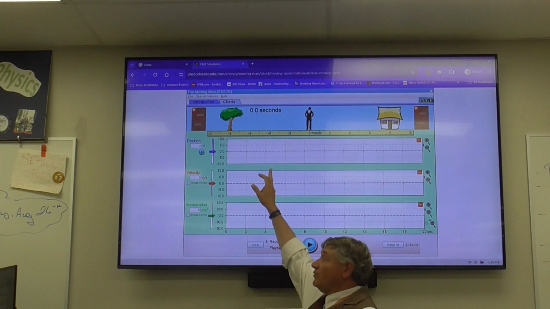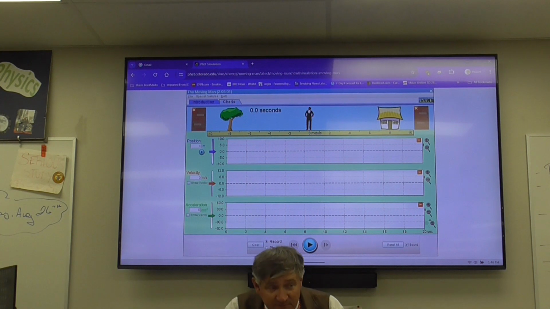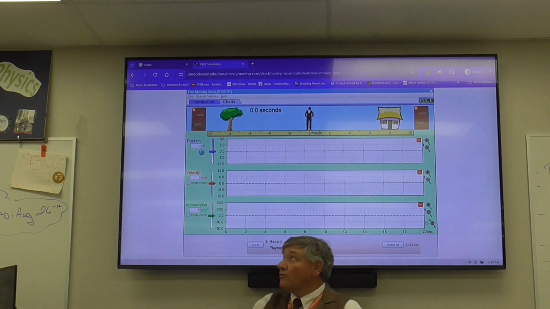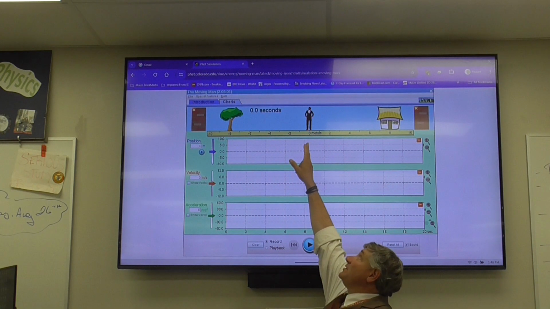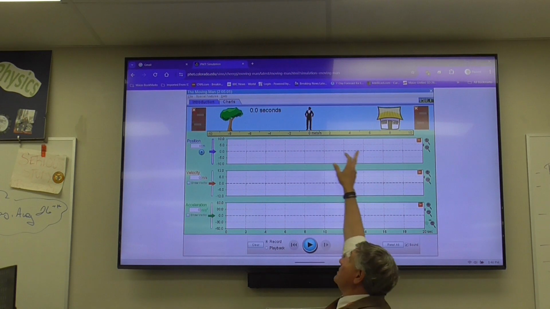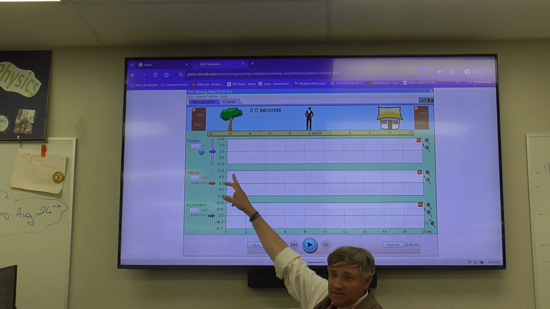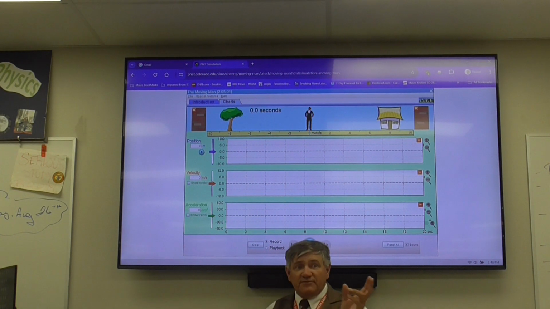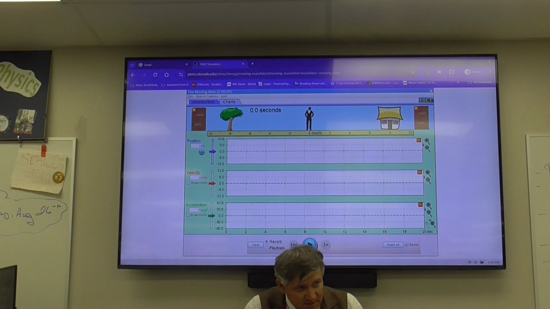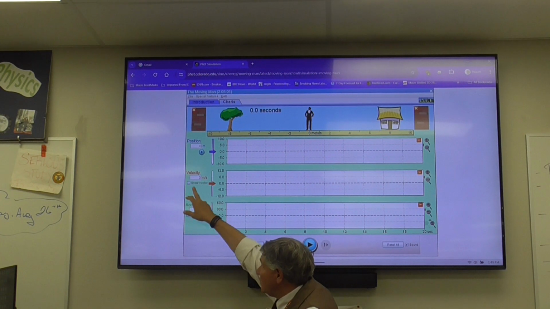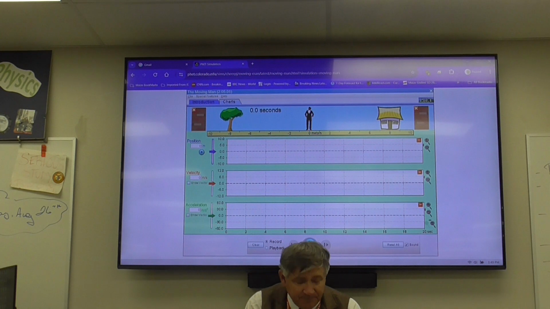Position keeps track of where you are. Notice that it's not distance versus time, it's position versus time. It's where you are relative to the reference point, and they're defining the reference point as 0 right in the middle. Numbers to the right are positive, numbers to the left are negative. You can plug in different values of velocity and acceleration. If you're a graphical kind of person, you can tell it to show the vectors.